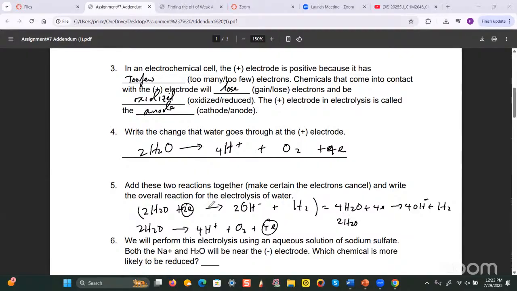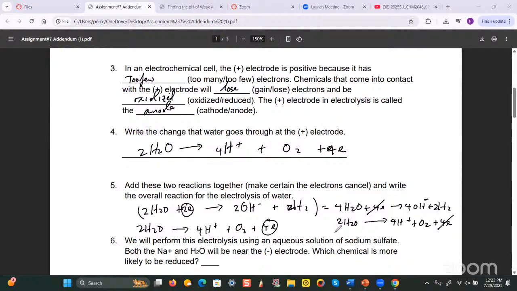Isn't that 2 H2? Yeah, you're right. For the second equation, it's 2 H2O to give 4 H plus, O2 plus 4 electrons. So the 4 electrons will cancel out here and here.